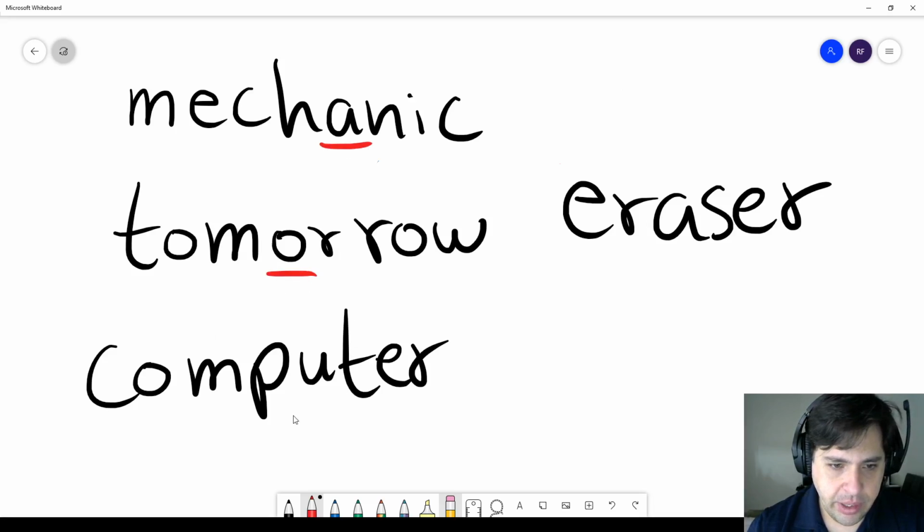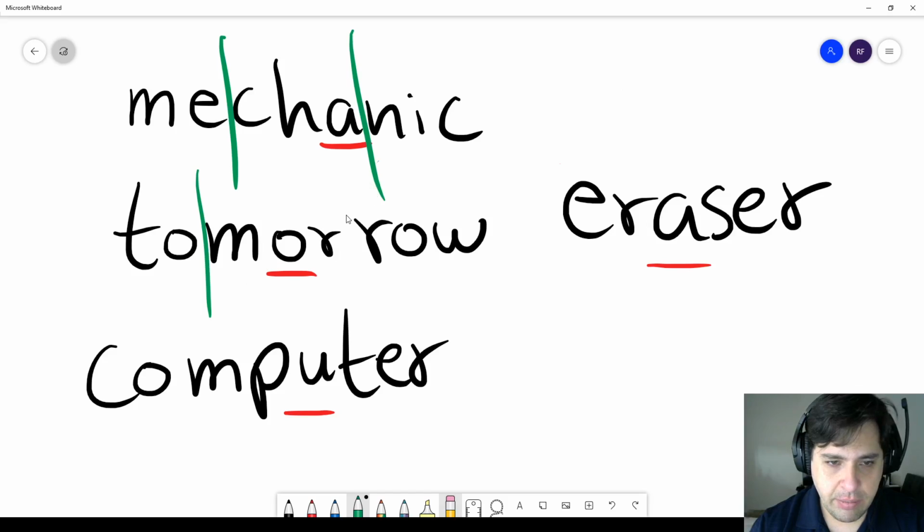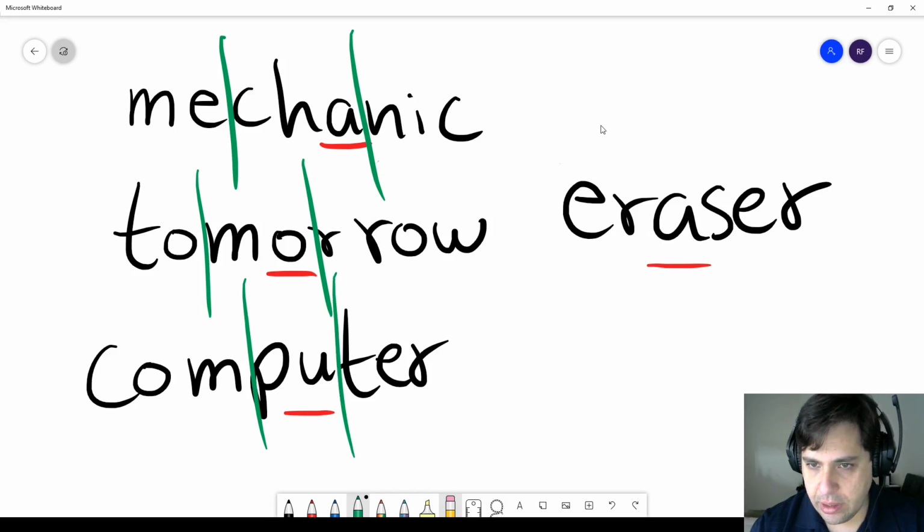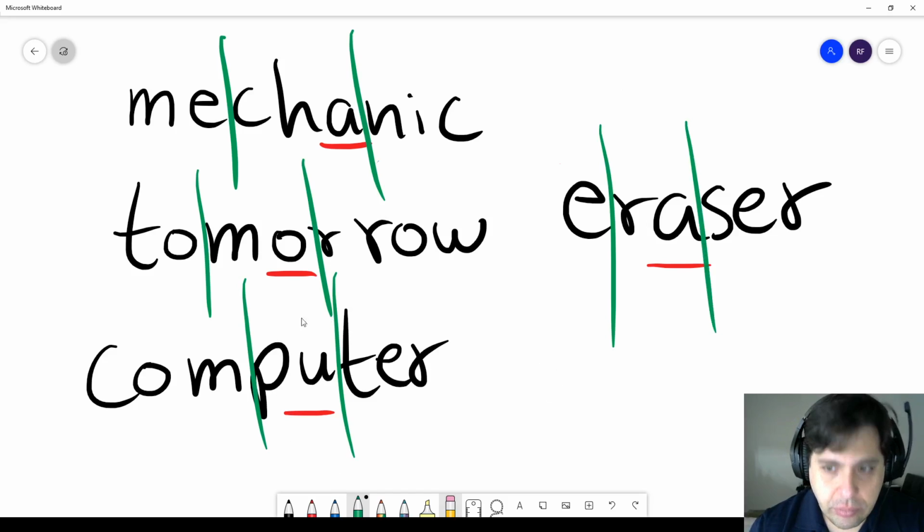The way we cut these words is something like this. Like that, like that, like that, like this, like that.